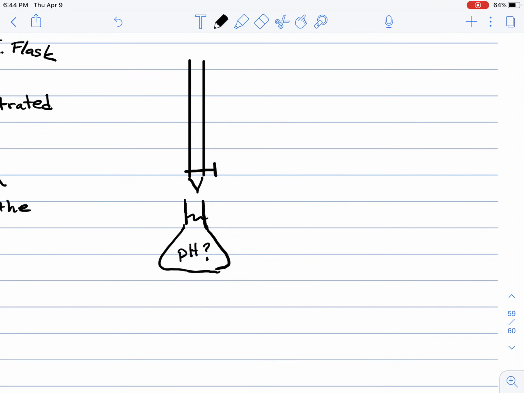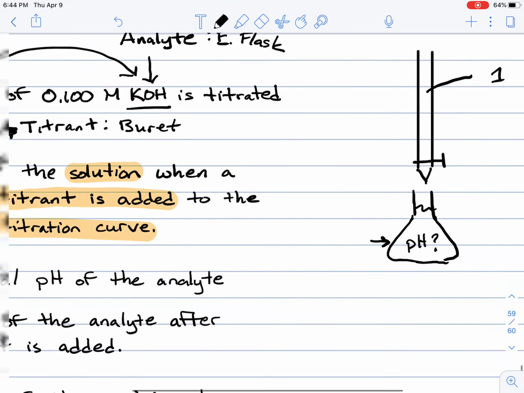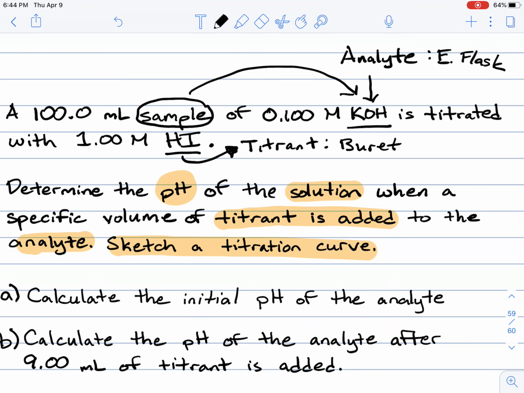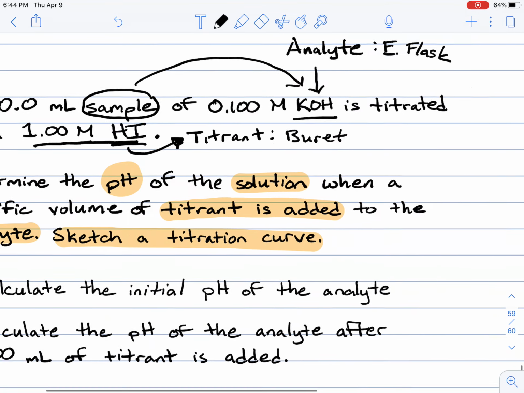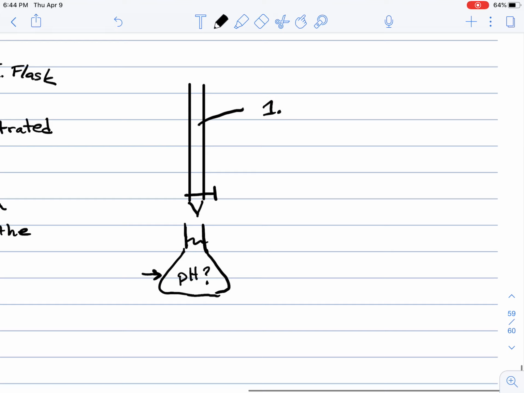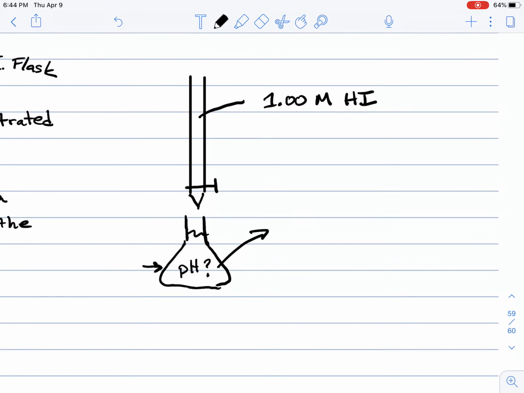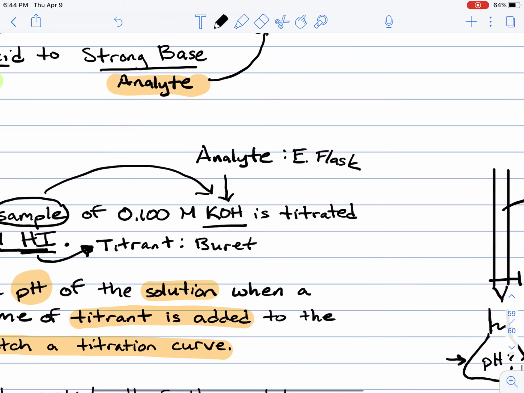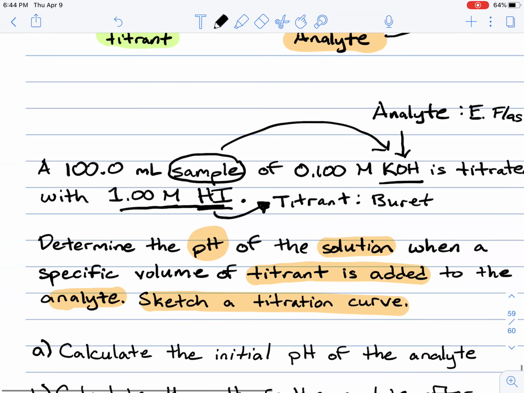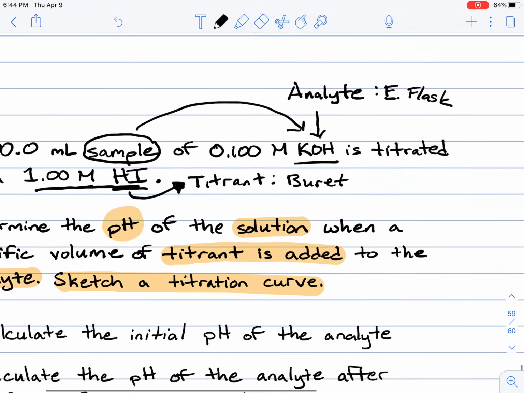And so our goal is to determine the pH of the solution when we have a 1.00 molar hydroiodic acid in our burette, and inside our Erlenmeyer flask, we have a 100 milliliter sample, and the concentration is going to be 0.100 molar.